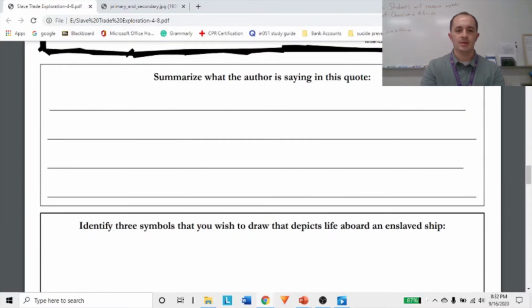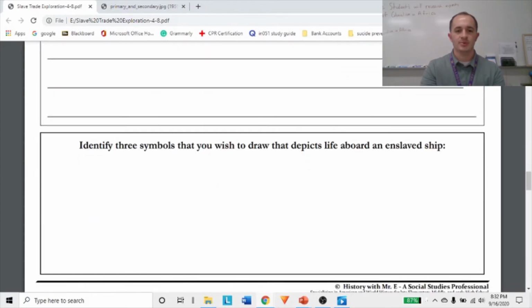And then we need to identify 3 symbols that you wish to draw that depict life aboard an enslaved ship. So not dissimilar to what we did with our vocab map, we are going to draw out a symbol that represents what we have learned about life on a slave ship.